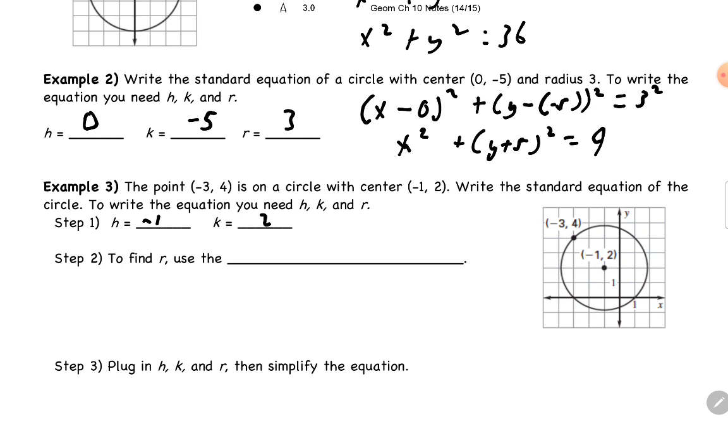Now we need to find r. It looks like it's not a whole number here. So we need to find the distance between the center and that point that they gave us. So we're going to use the distance formula.